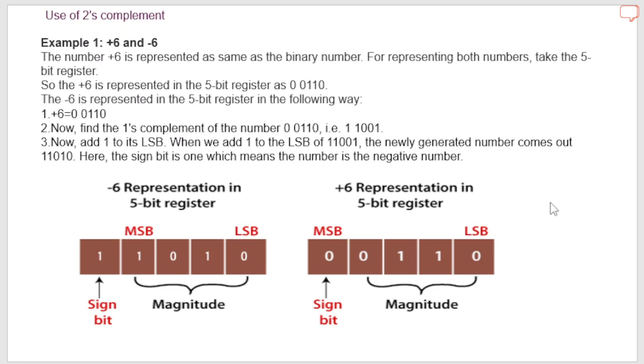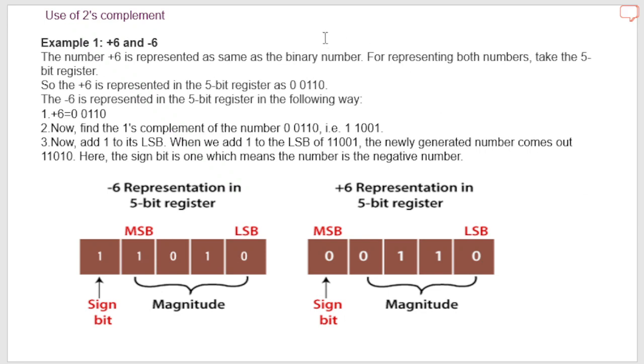But if we represent negative numbers, then we have to choose either the 1's complement or the 2's complement technique. The 1's complement is an ambiguous technique and the 2's complement is an unambiguous technique. Let's see an example to understand how we calculate the 2's complement signed binary number representation.